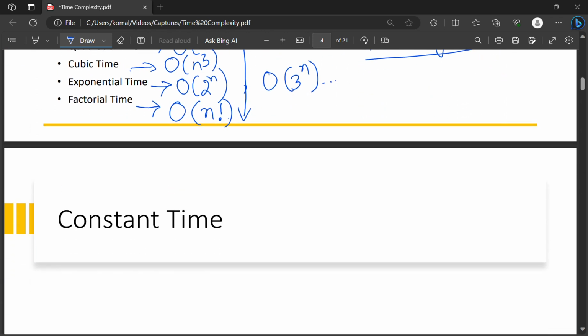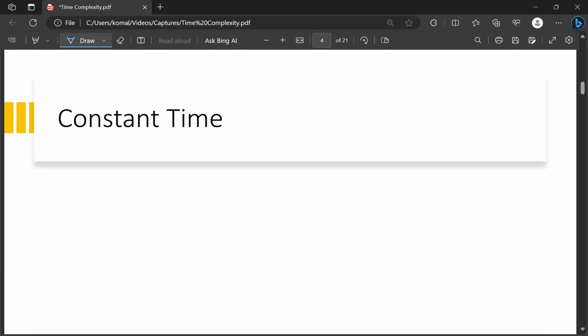Next, let us see what is meant by constant time, and let us discuss it in detail. As I told earlier, constant time is represented as big O of 1. Constant time is independent of n.